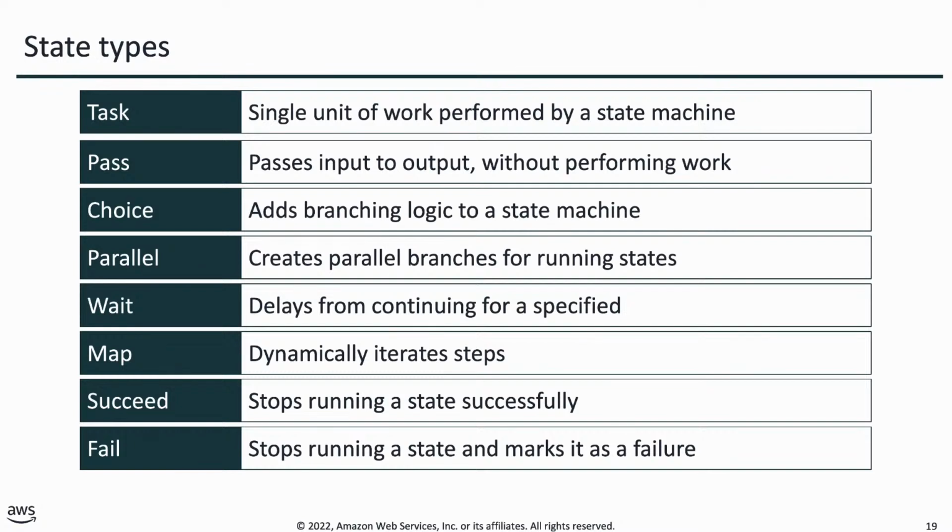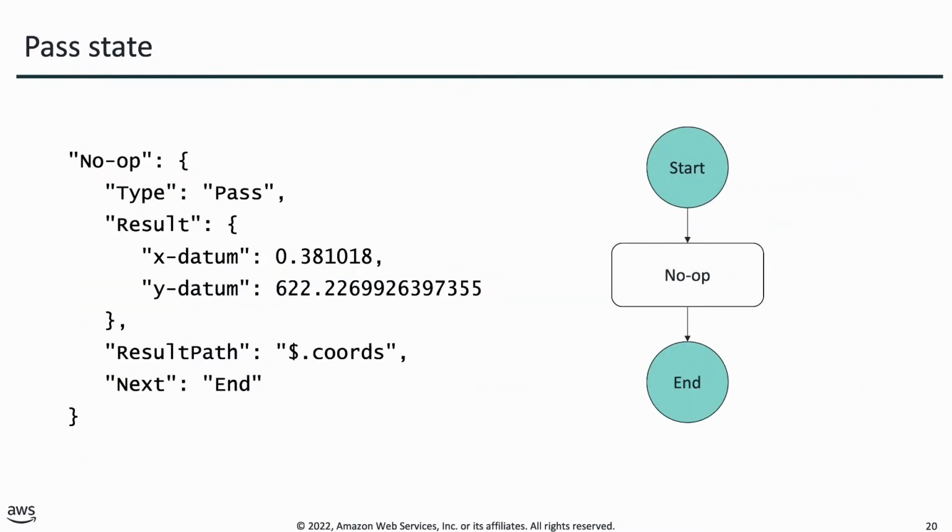For example, a map state will process the same steps for multiple entries of an array in a state input. There's also succeed. This would stop the workflow with a success. And then there's fail, which would stop your workflow with a failure. And a thing to be aware of with a pass state, it's going to pass the input to an output without doing any work. And these are good for constructing and debugging state machines, almost like a print statement.